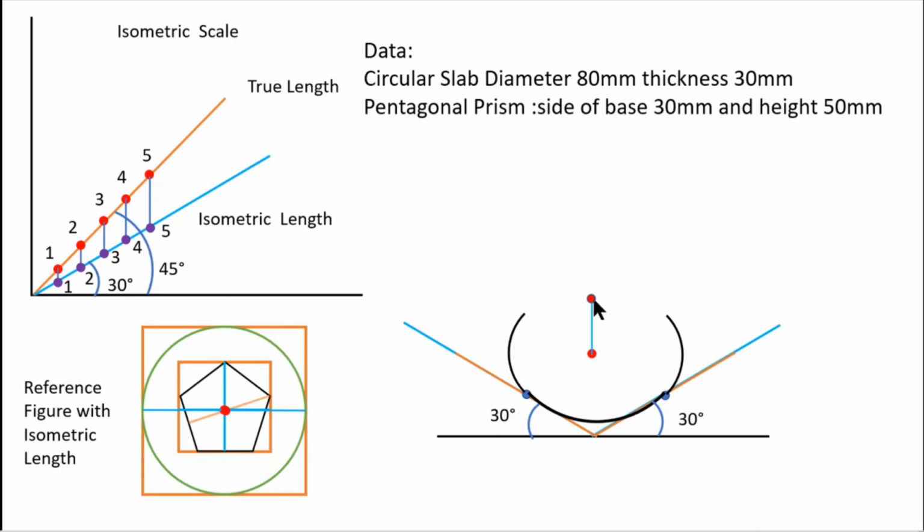Now, the top point represents the center of the top circular face of the circular slab, through which I will be drawing the isometric axis, and on it I will be taking the distance from the reference figure, that is the outermost square. So I will be drawing again the outermost square, which is converted into a rhombus in isometric, and I again utilize the 4 center method.